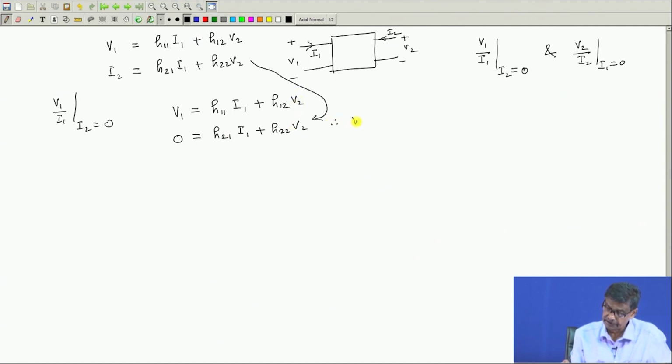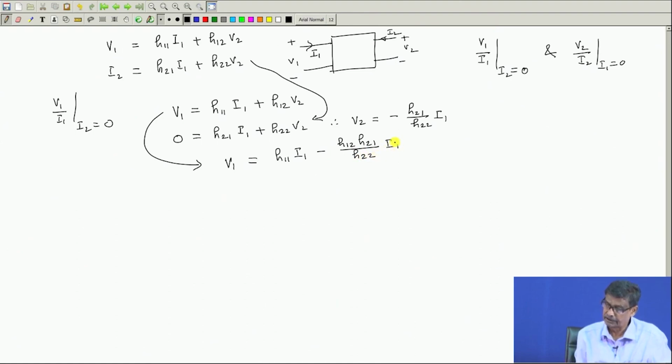Therefore, here I will write V2 is nothing but minus H21 by H22 into I1, and this I will put it here. Then it will be V1 is equal to H11 I1 plus H12 into V2, that means minus H12 H21 by H22 and this into I1, it will be like this.